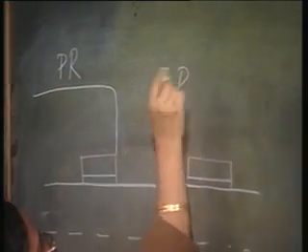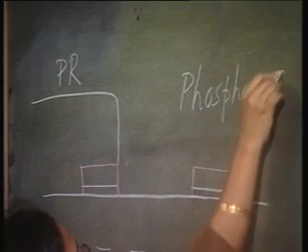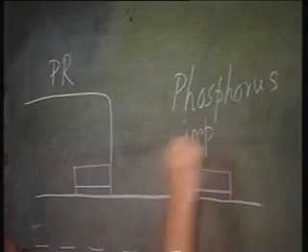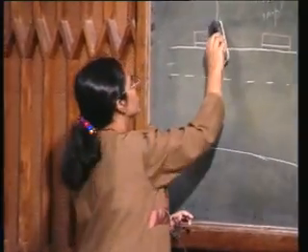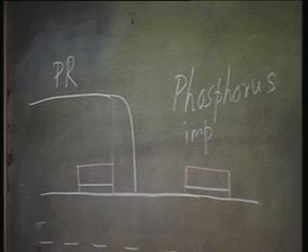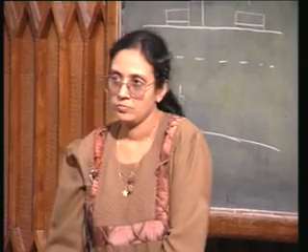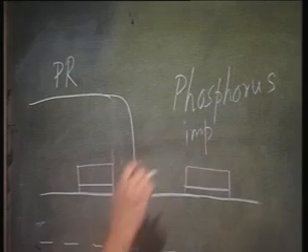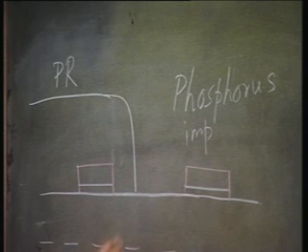And in the rest of the region we do phosphorus implantation. This implantation dose is much higher than the previous boron implantation. So, what you have essentially is the Nwell.